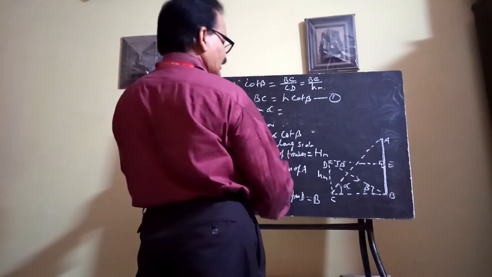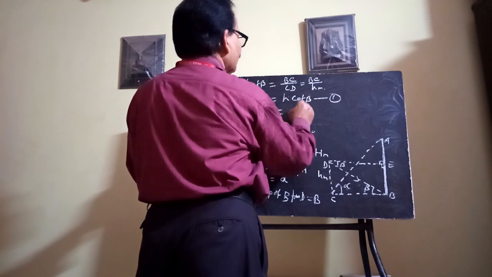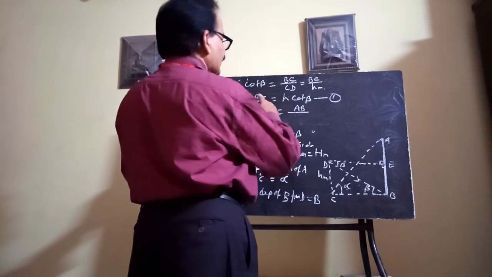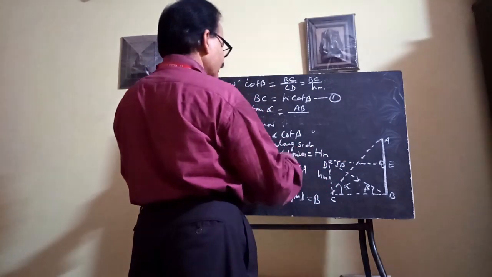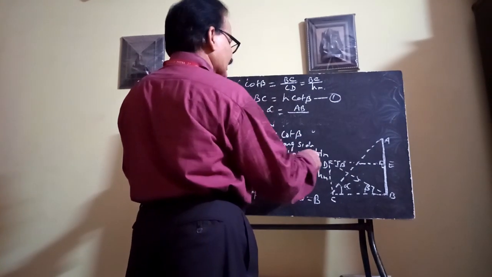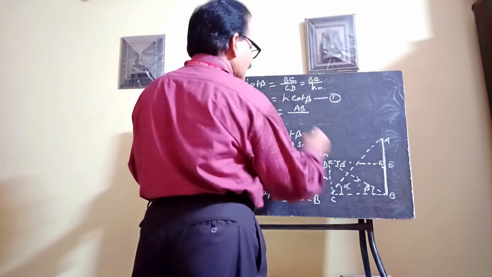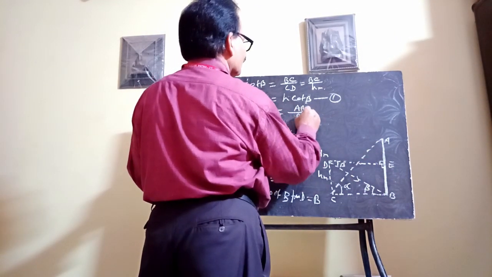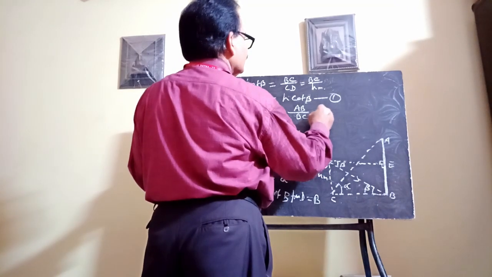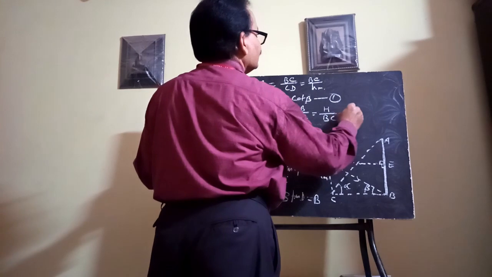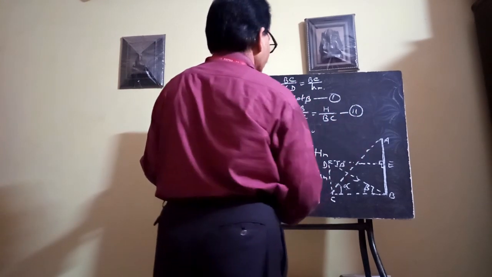For tan alpha, this is AB, which is the height of your tower, and that you have taken as H meter. AB is the height of the tower, and the base is again BC. So this is capital H by BC. So this is your equation 2.